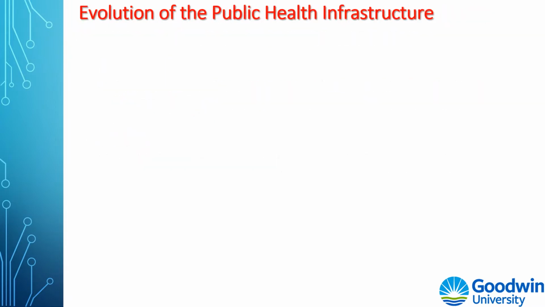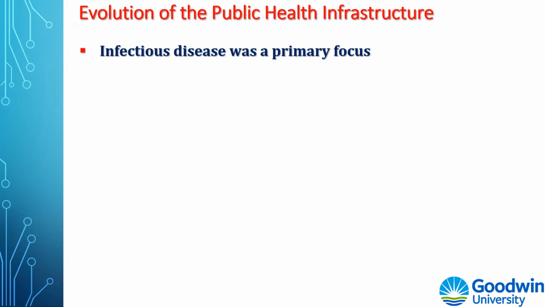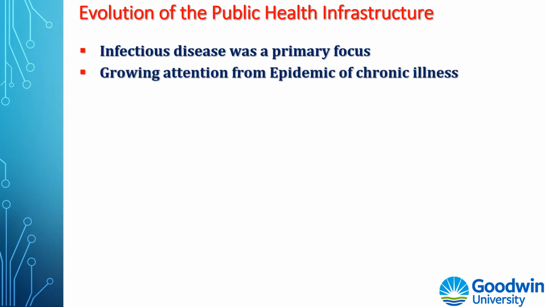So there's been an evolution in public health infrastructure. In the beginning, the primary focus of public health was disease. So we were always trying to track new disease outbreaks, etc. But that slowly evolved from epidemics to looking more at chronic illness like asthma and high blood pressure, etc. Trying to understand more about how populations were being affected by this.